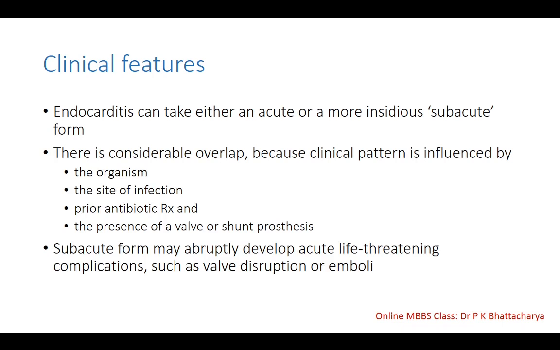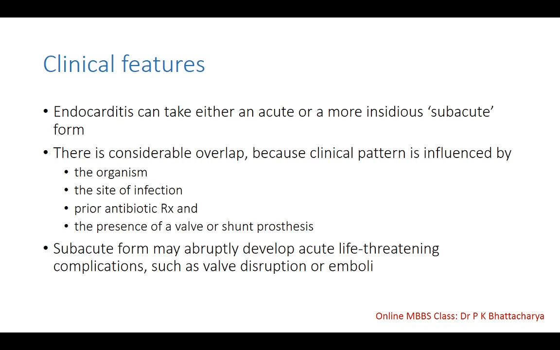Sometimes the subacute form may abruptly develop acute life-threatening complications such as emboli or breakdown of a valve. Let's understand it this way. Supposing a patient has subacute bacterial endocarditis going on in a slow and smoldering way, and suddenly there is an embolic episode. That complication may be life-threatening.